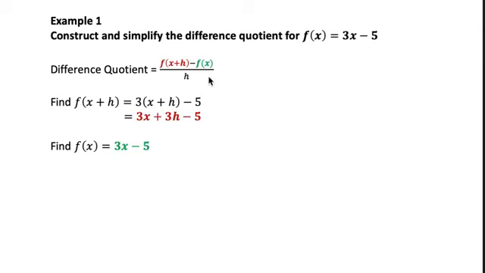So what we're going to do, I tried to highlight this, is f of x plus h is 3x plus 3h minus 5. And f of x is 3x minus 5. So we're going to put these two expressions into our formula for the difference quotient.